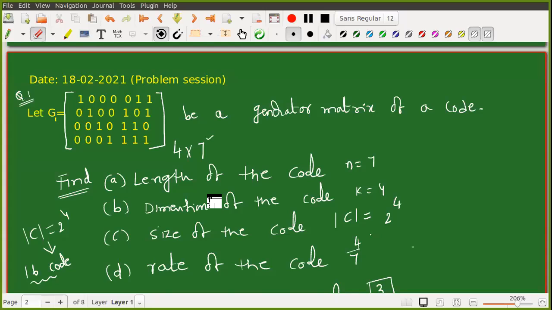Let them have time, this is one of the important things. So I will ask one by one again. Pranita, are there any code words of weight 7?